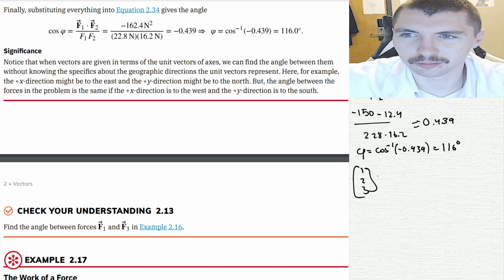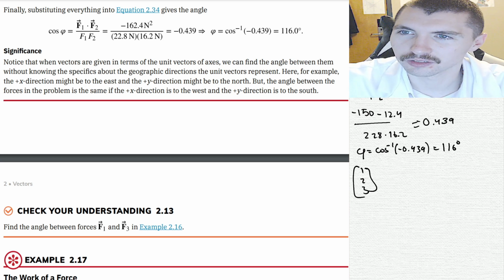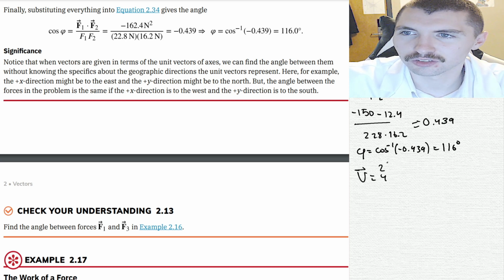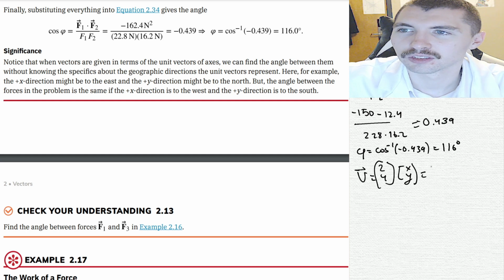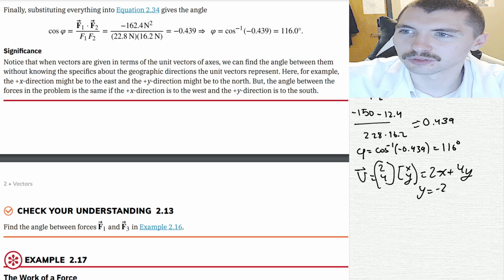And obviously, if vector v is 2, 4, where this is x and y, equals 2x plus 4y, y equals negative 2x.